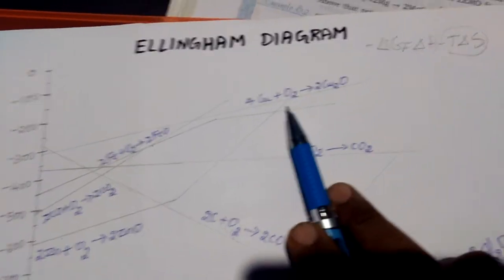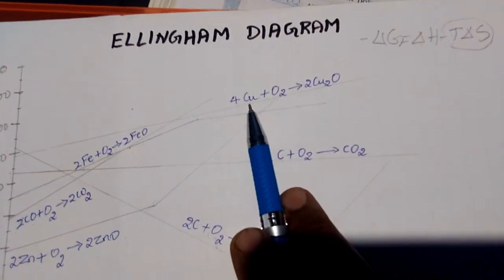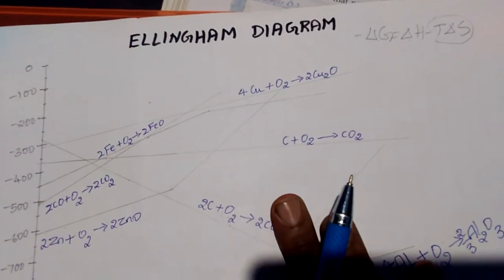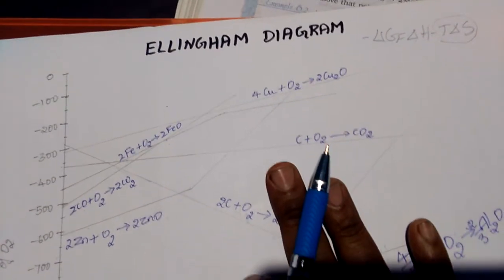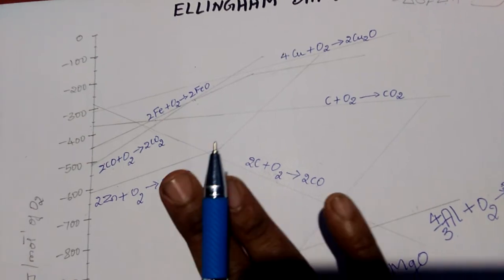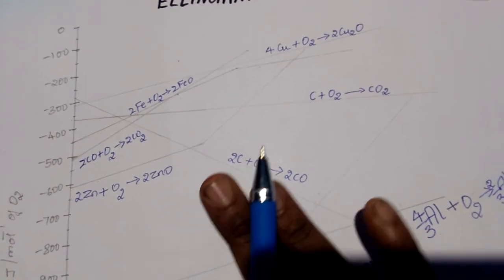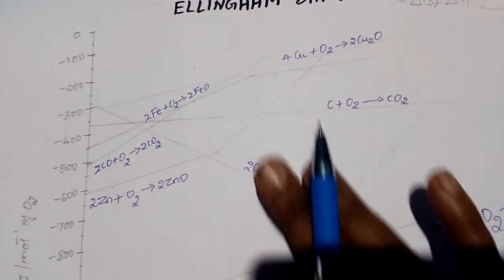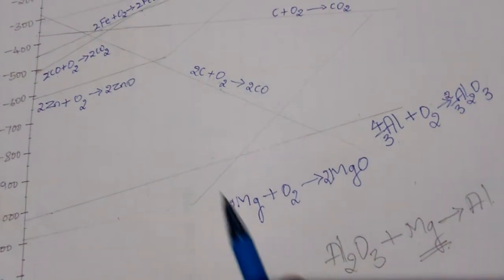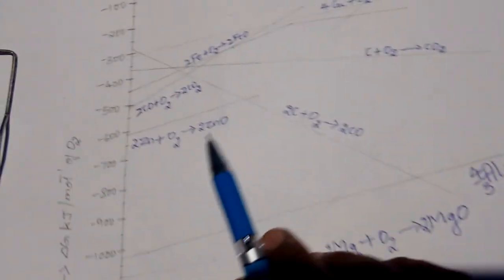Anyone can become the reducing agent for the conversion of copper oxide to copper, because in the Ellingham diagram, the idea you can get is that if a plot for the conversion of an element into its oxide is below any other line, it can become the reducing agent. Like what I said, magnesium is below aluminium, so magnesium can become a reducing agent for aluminium oxide.